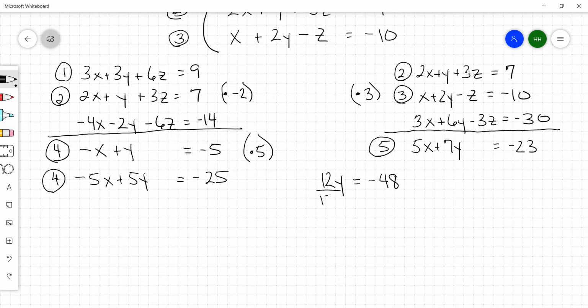So if I divide by 12, my y is equal to negative 4. I combined the 5y and the 7y. I got the 12y. Negative 25, negative 23, I got negative 48. Divided by 12, y equals negative 4.